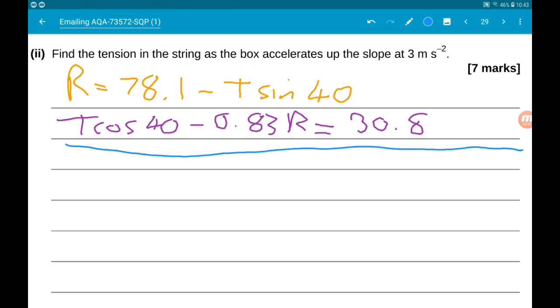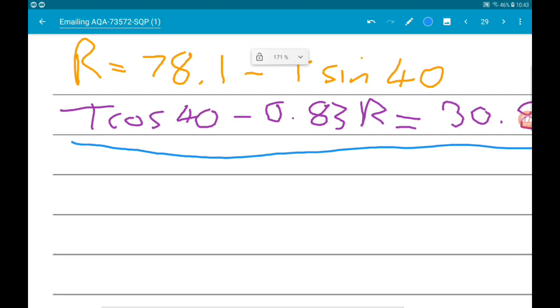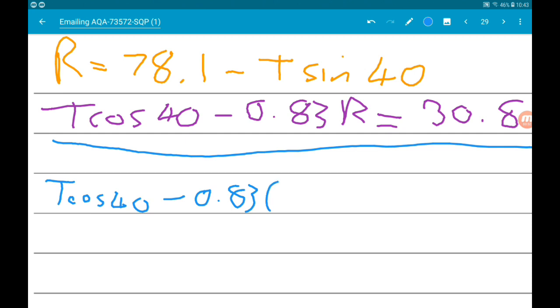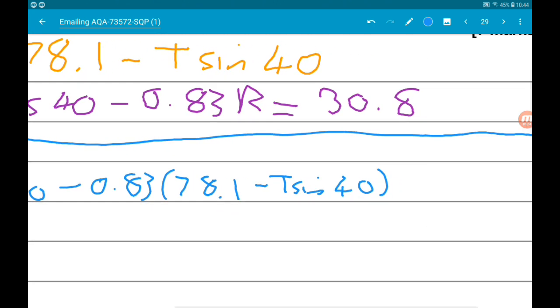So, we're going to use the first equation to substitute into the second equation. So the second equation becomes T cos of 40 minus 0.83 lots of 78.1 minus T sine 40 is equal to 30.8.